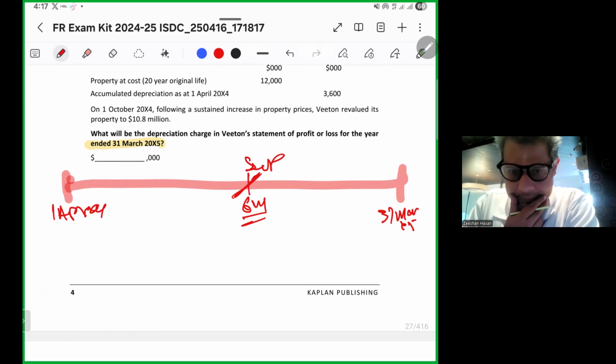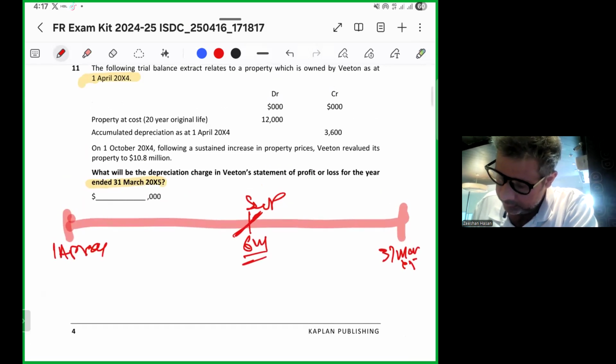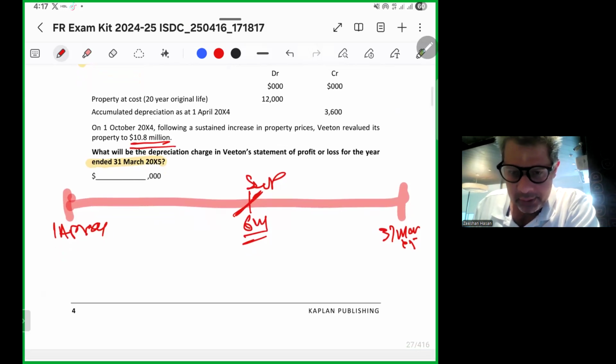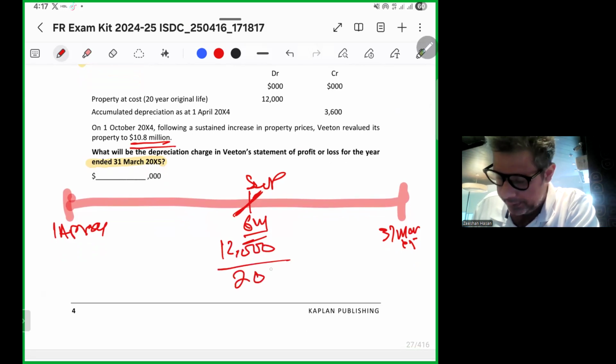Actually, they have revalued it to 10.8 million. Now, 6 months depreciation to the date is 12,000 divided by 20 years. We got 300,000.